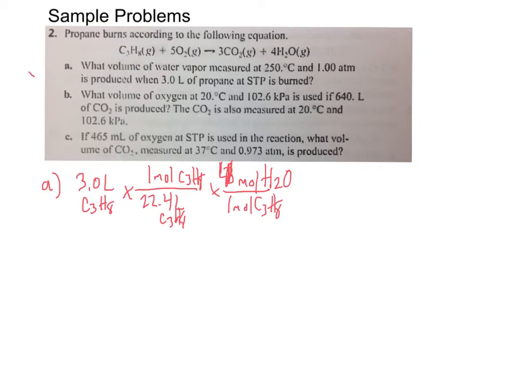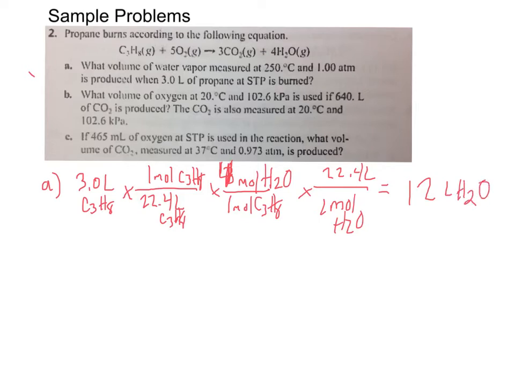Then finally, for every 1 mole of H2O, there are 22.4 liters. So this is going to equal 12 liters of water using proper sig figs. 12, no decimal. 12 liters H2O.